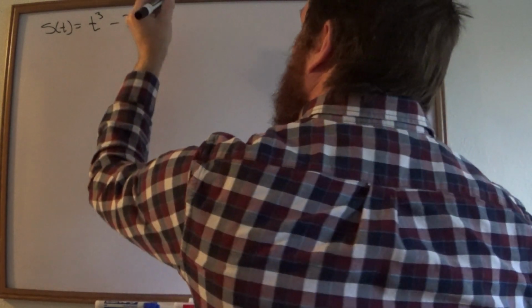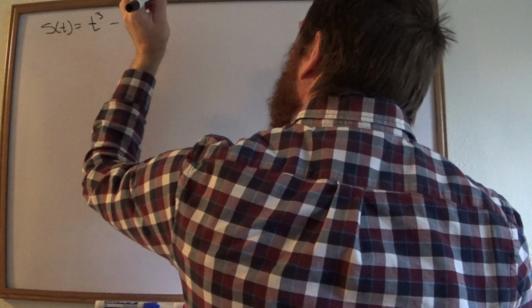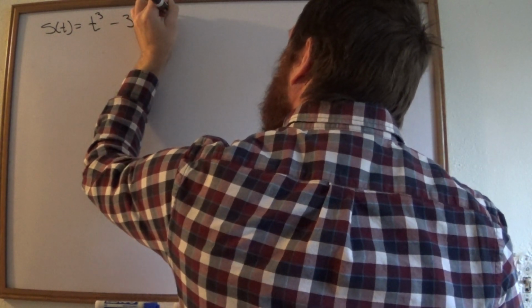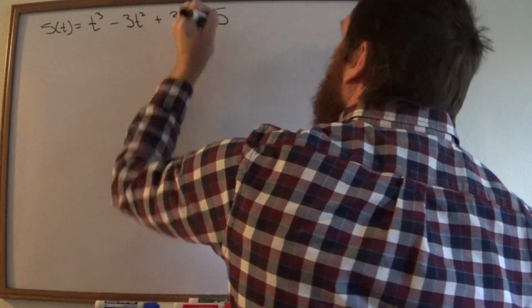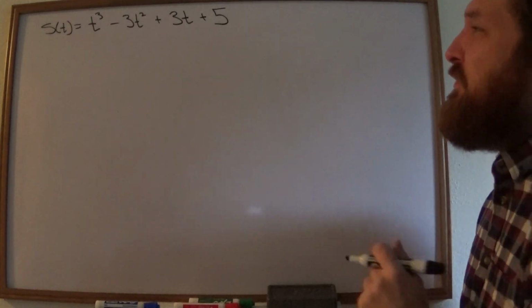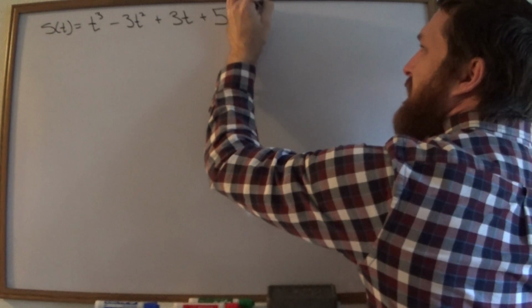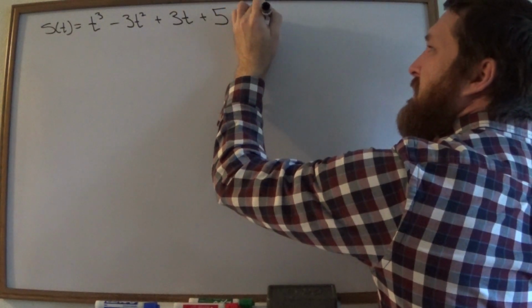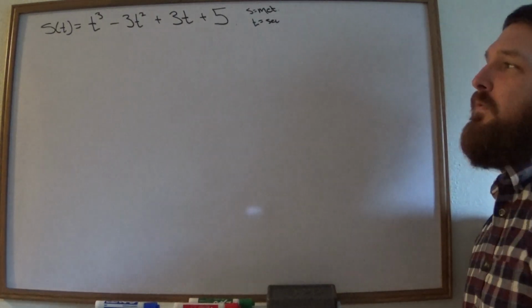Oh, this is not going to be easy, but whatever. We'll just do it this way. Here's a trajectory of a particle, where s is in units of meters and t is in units of seconds. Same setup as before.